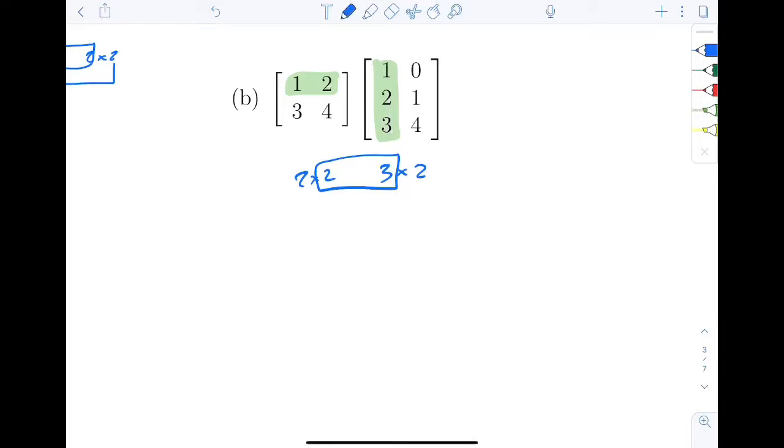You can see here, I get 1 times 1 plus 2 times 2 plus something times 3, right? We can see that we've got a problem, which is why the number of columns of A has to match the number of rows of B, okay? Because we're going to take the dot product of row with column, and so that one does not work.